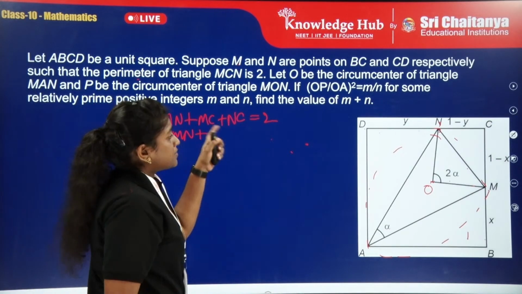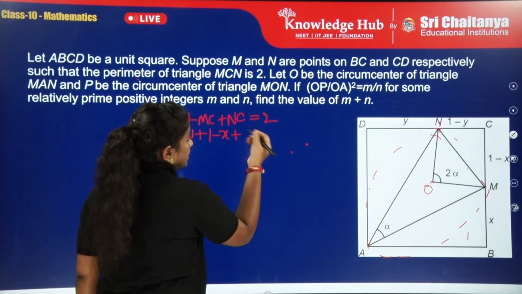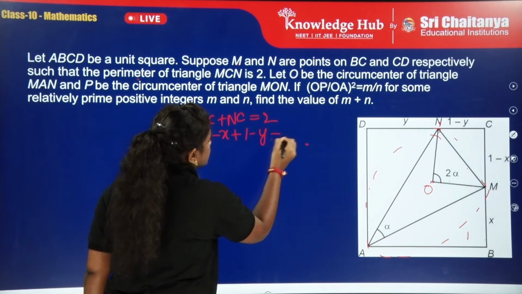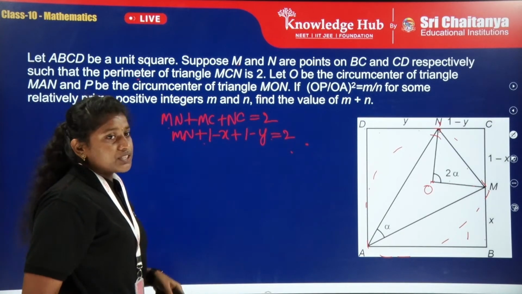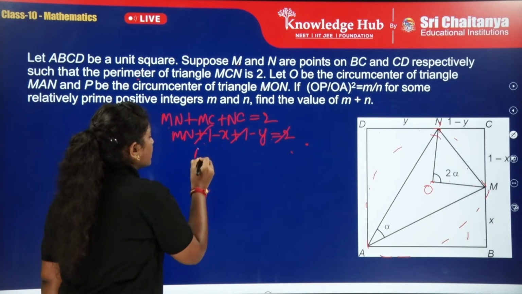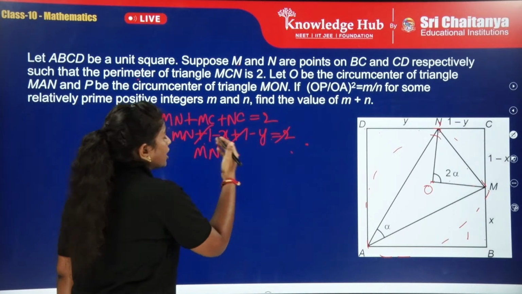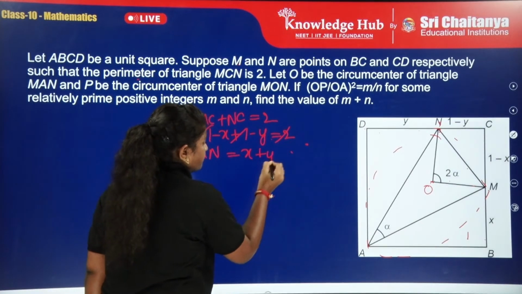MC is 1 minus X, and NC is 1 minus Y, which equals 2. Here the plus 1 plus 1 is nothing but 2, so I cancel the 2 on both sides. Taking X and Y to the other side, MN equals X plus Y.